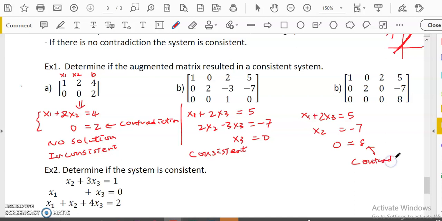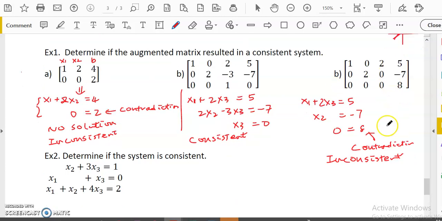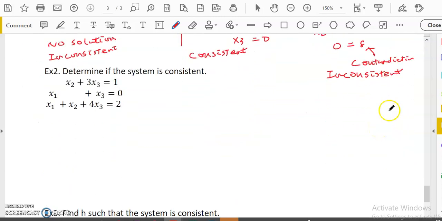So this one is inconsistent, no solution. Again, if I have 0, 0, 0, 0 equal to 0, that is okay, and then it is consistent.